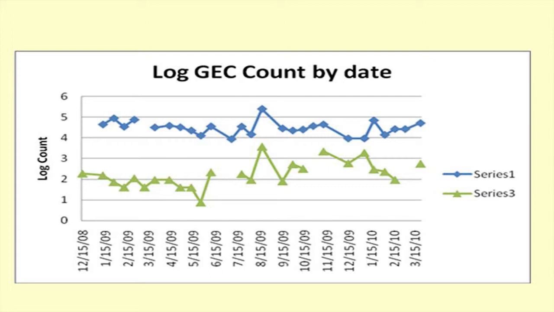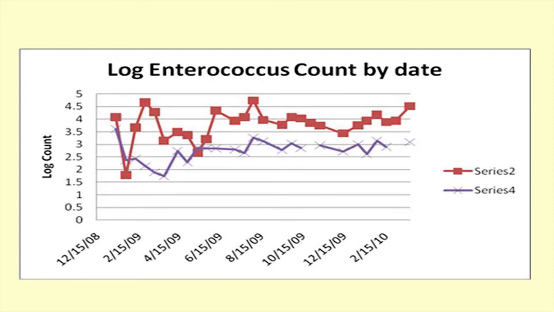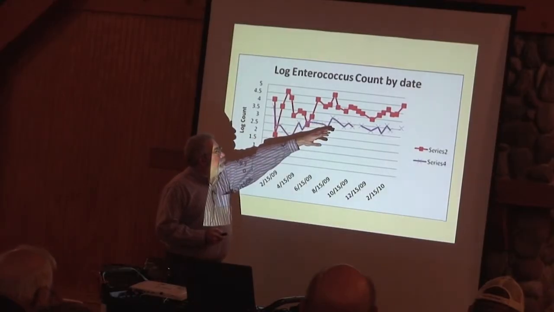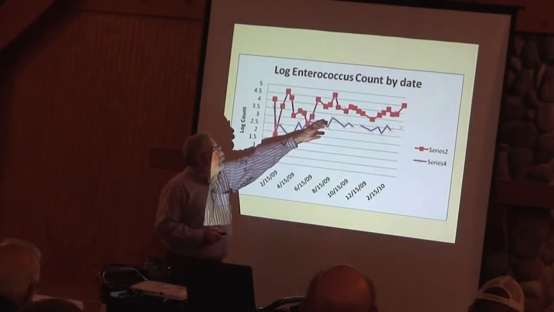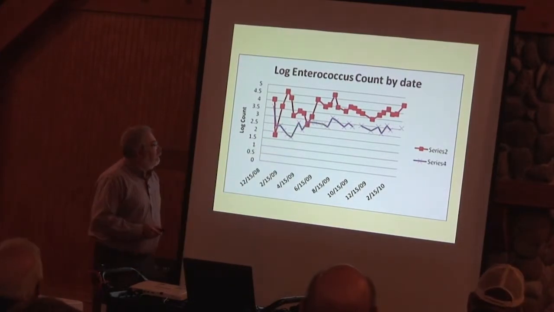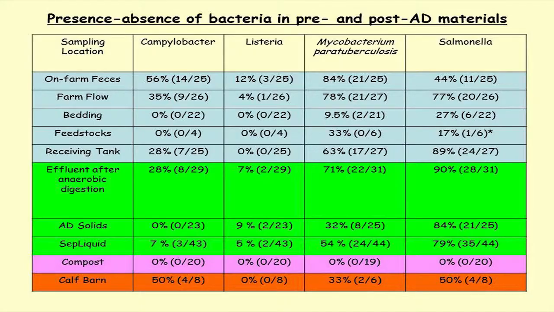Looking at generic E. coli, the blue line is pre-anaerobic digestion, the green line is post-anaerobic digestion, and you can see that once you anaerobically digest, your values are lower. Here we're looking at Enterococcus, another indicator you find. Again, the red is the pre, the purple is post, and they're a little bit lower, though not quite the same as the other one.